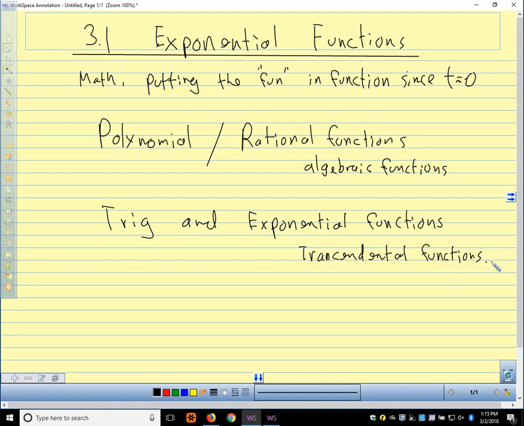And the reason they're called transcendental functions is because the solutions to trig and exponential functions can be what we call transcendental numbers. For example, when we solve trig equations, we can get pi or pi over 2 as a solution. But that number can never be the solution of a polynomial, the way we define a polynomial.